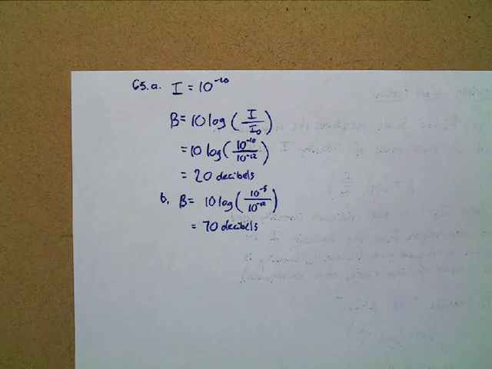That's 10 to the 5th times greater. Every time you go up 10 decibels, it's 10 times as loud. So going up 50 decibels is much louder, 100,000 times louder. Very interesting.